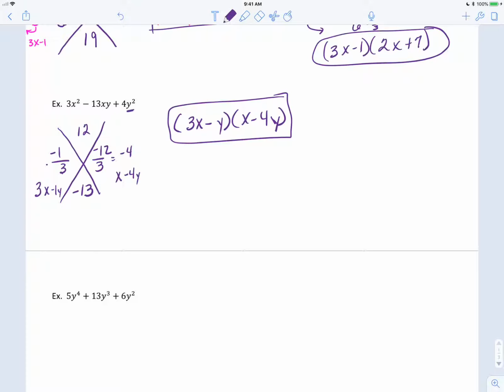Final answer. So if I do slide and divide, you see we're getting the same answers.